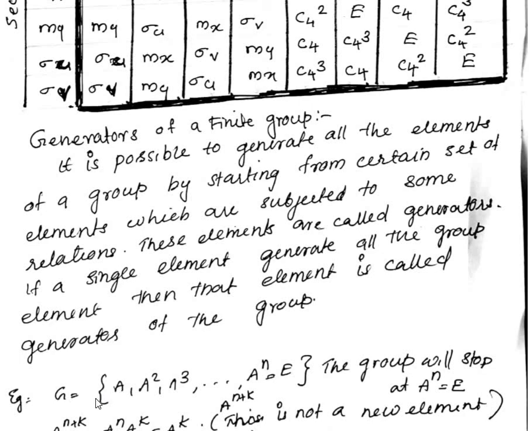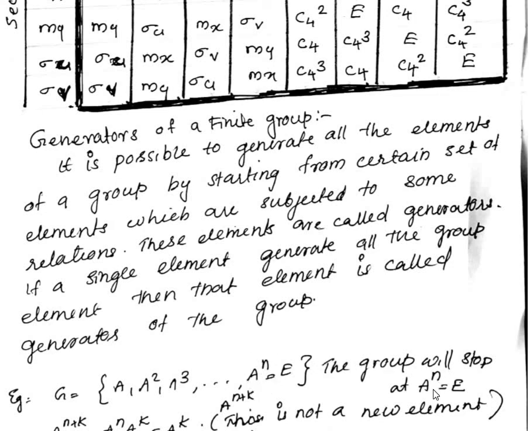So if G is generated by A, all the elements can be represented like this: A, A square, A cube, up to A raised to N, that is equal to E. So here A is a generator of the group.